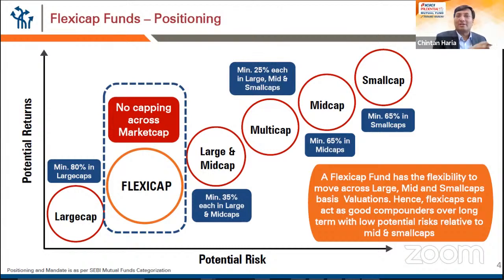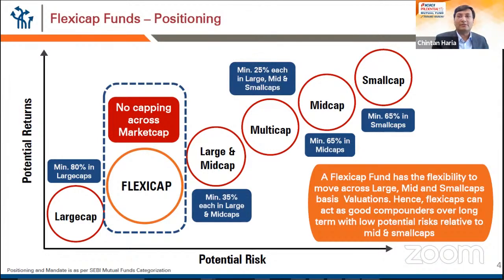And hence, from a risk-return trade-off profile, if you see the rectangular box which we've drawn, the flexi-cap fund traditionally is on the lower end in terms of risk, just slightly above large cap, and even in returns it is there. But the risk-adjusted returns in flexi-cap can be higher as well if we have the right mix of mid-cap, small-cap, large-cap, as can be probably determined by the model itself.